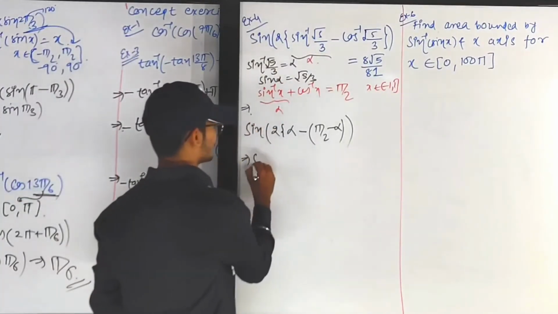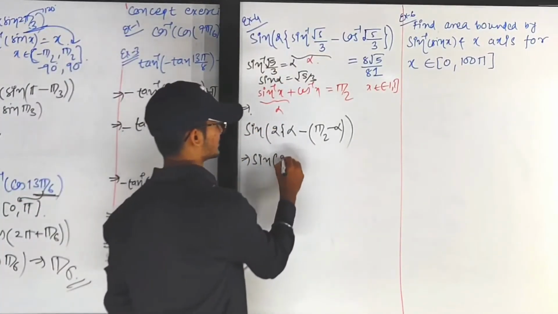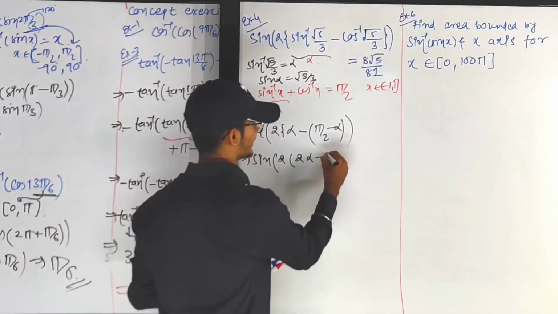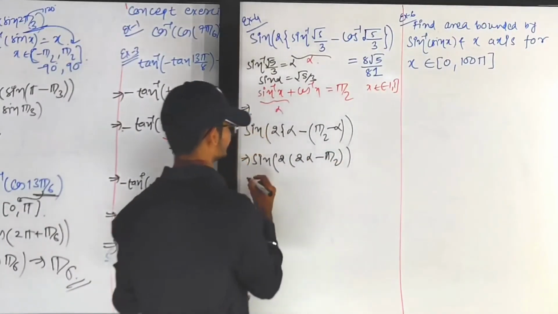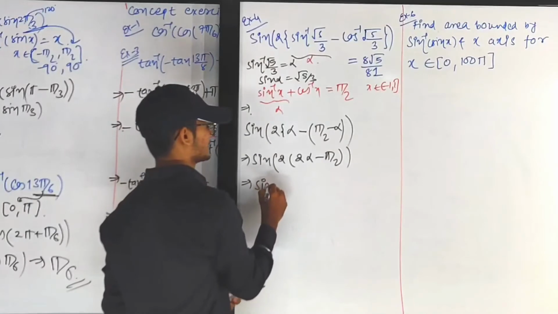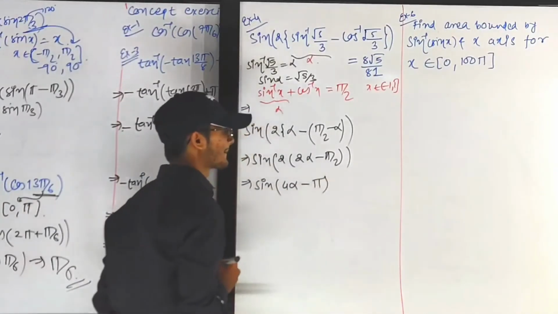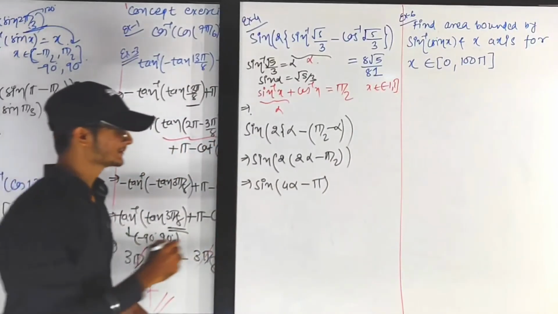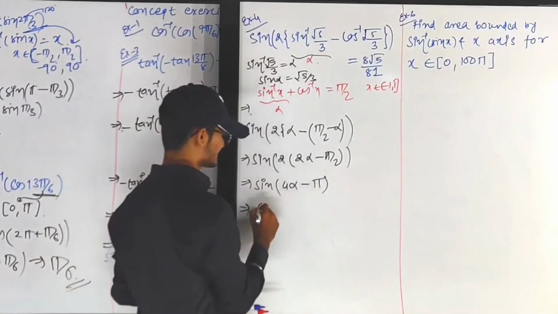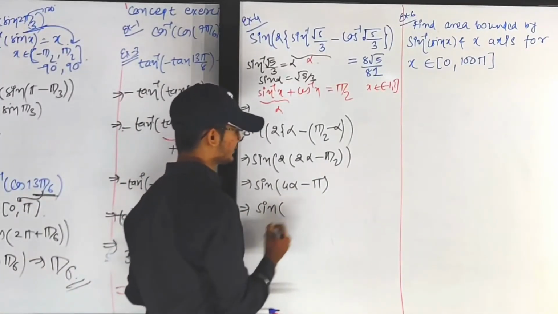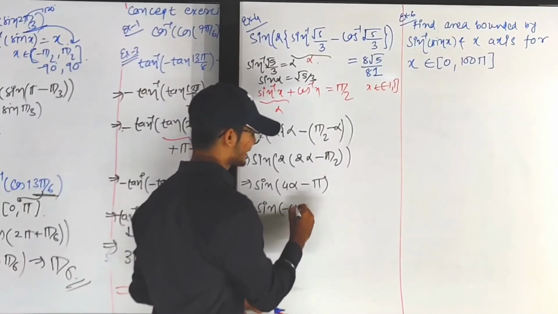Now sine of 2 alpha minus pi by 2. Now sine of, that is 4 alpha minus pi, 2 to cancel out. Now that can be written as sine of minus pi minus 4 alpha.